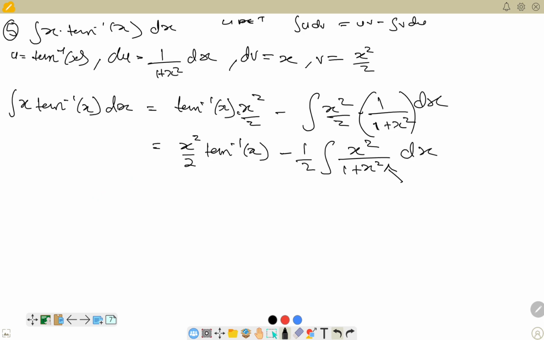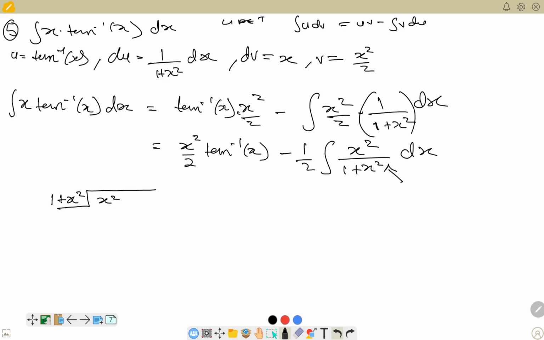Let's apply long division for now, then we will see where it leads us, because we do not know at the moment. So we take the denominator outside this division operation, then we put the numerator inside.